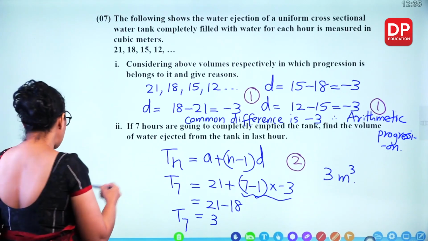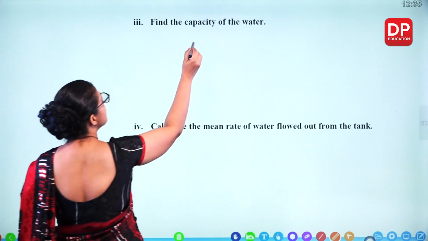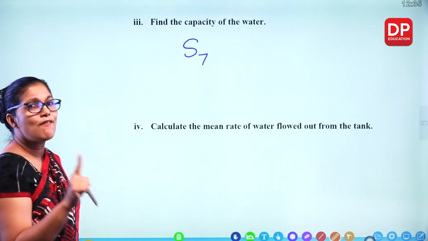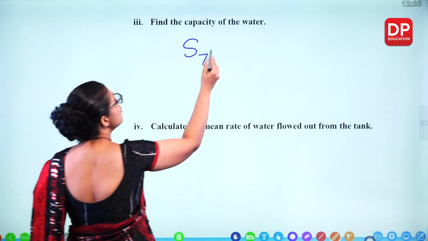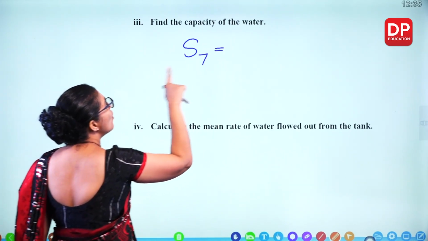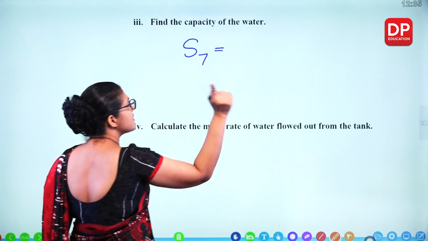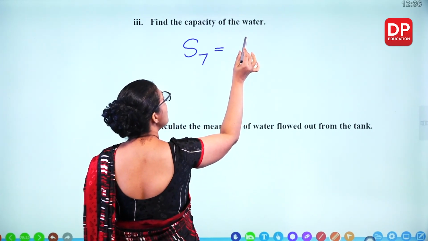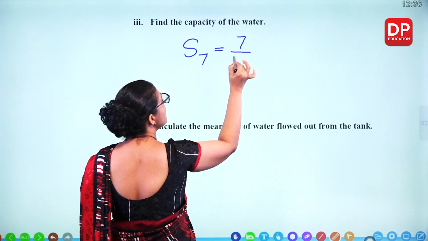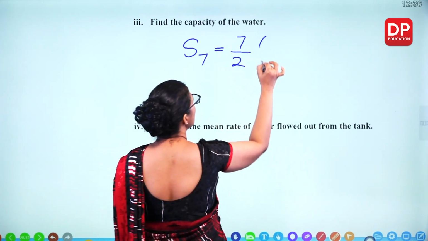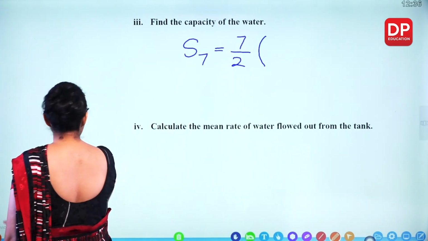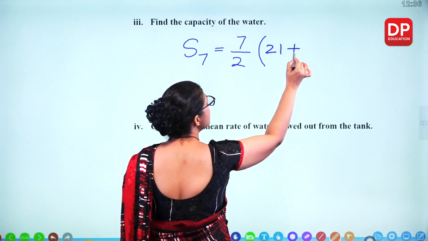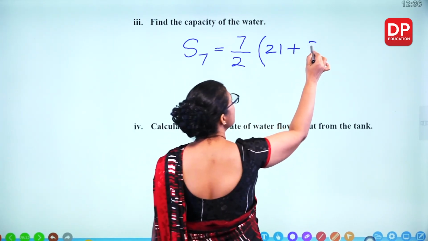So what does total mean? Total means S of 7, the total volume for 7 hours. S7 you need to find out. We know the last term and the first term as well, so we can use the formula n over 2. n is 7, divided by 2, first term is 21, and the last term is 3.